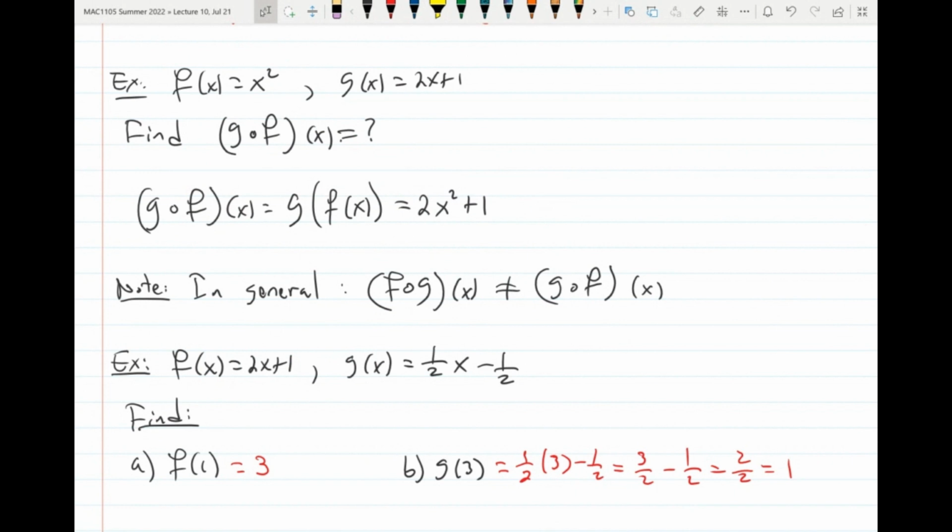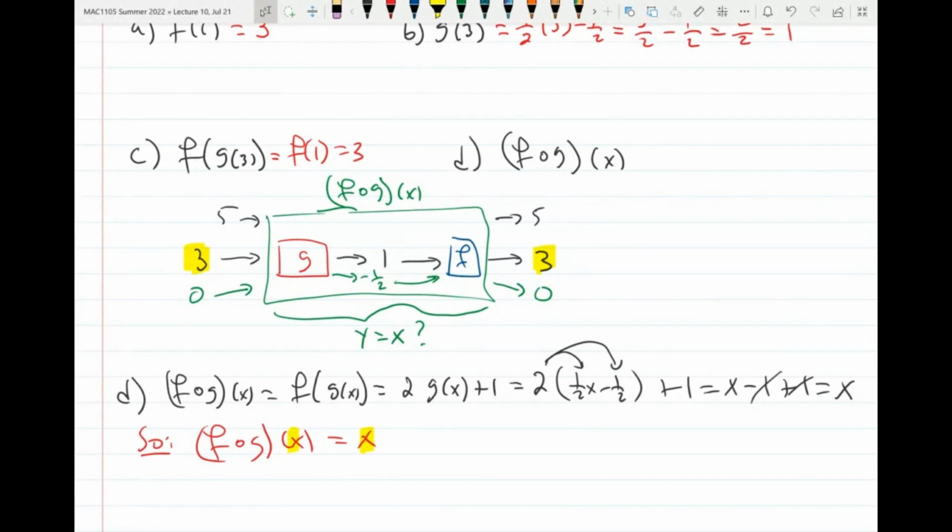Now, whenever something like this happens, that you have two functions, and when you take the composition, you obtain the identity, what we're saying is that these two functions are canceling each other. You see? g is doing something, and what's the job of f? It takes whatever g did and undoes it. So g takes 3 into 1, and then f takes 1 back to 3.